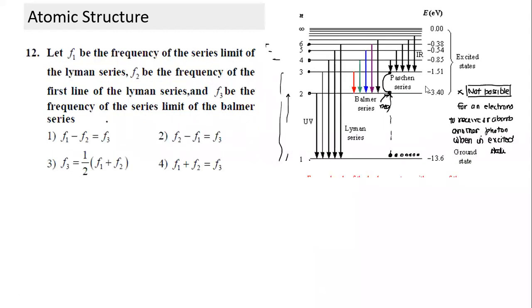So if, rather than using 10.2, I use photons which have energy a little greater than 13.6 minus 1.5, which is equal to 12.1, say something like 12.2, what will happen?